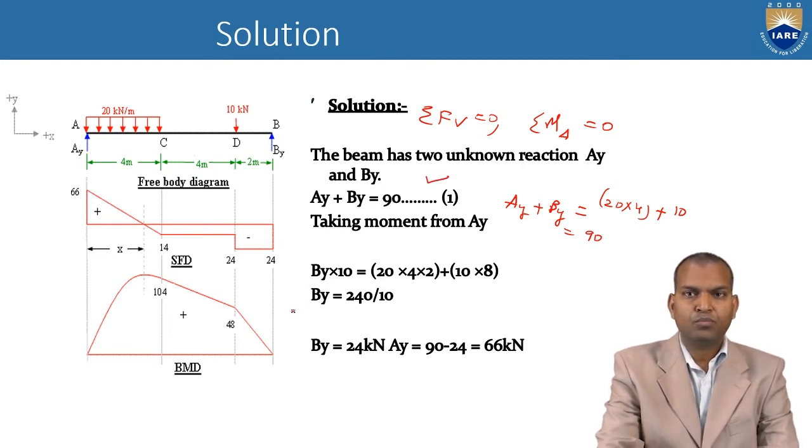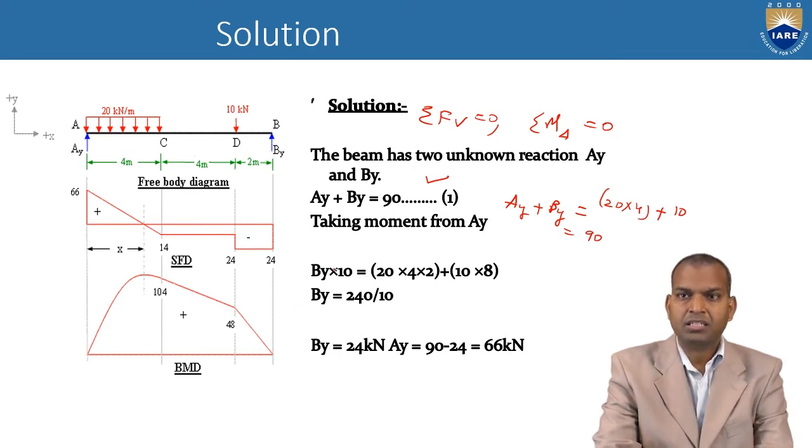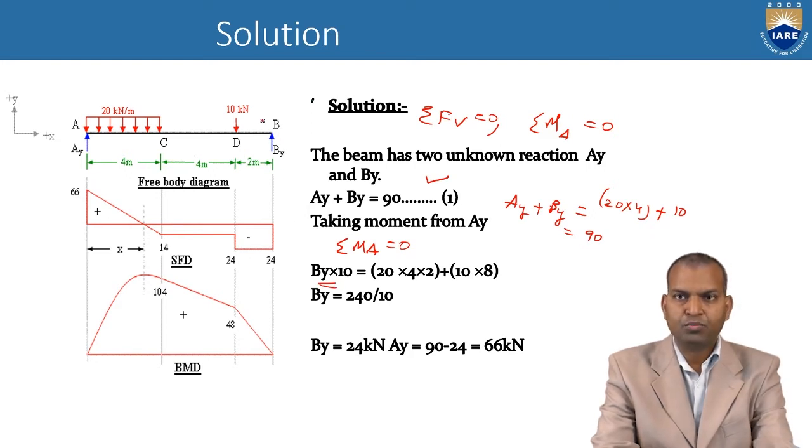Now apply moment equilibrium about any arbitrary point. Here we are taking the arbitrary point as A, that is sigma moment about A equal to 0. Anticlockwise moments equal clockwise moments.